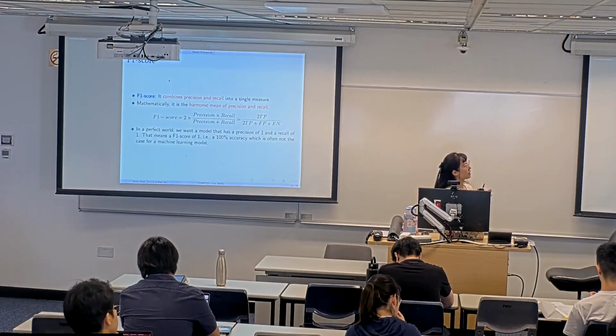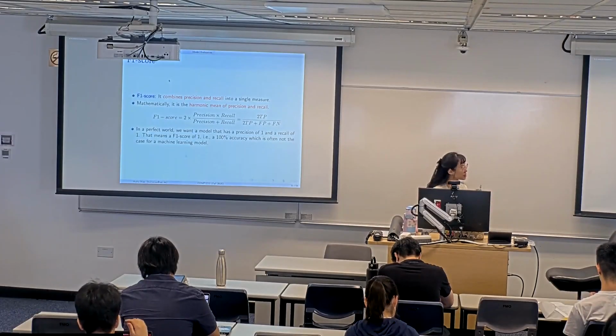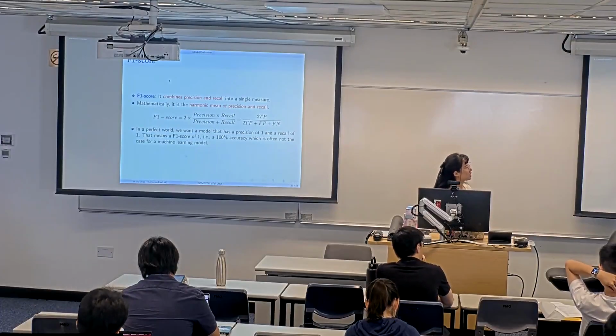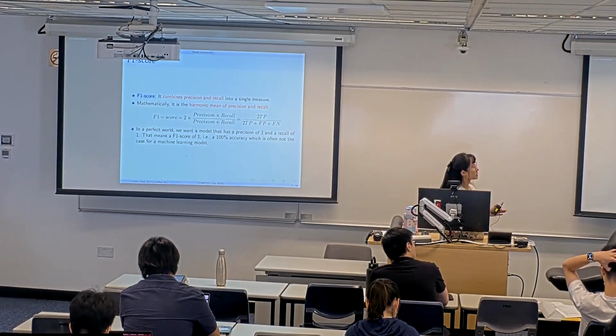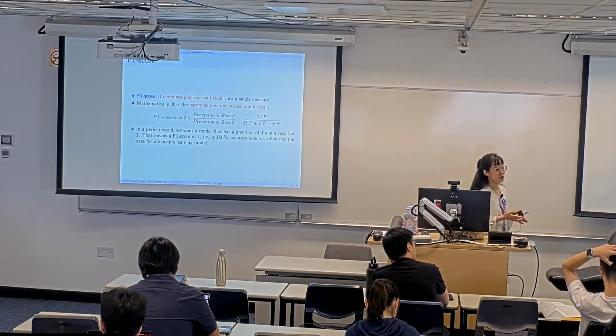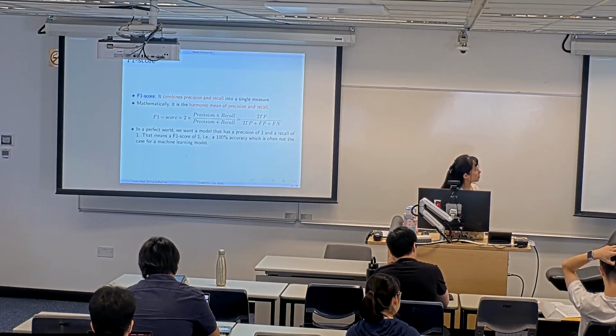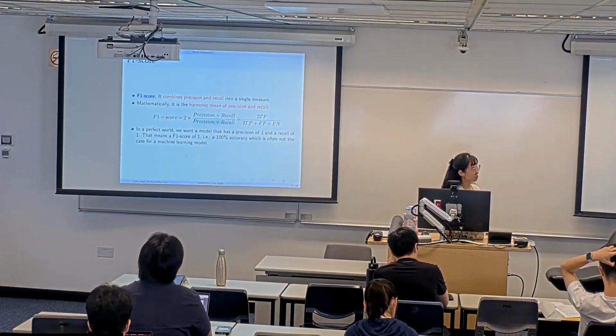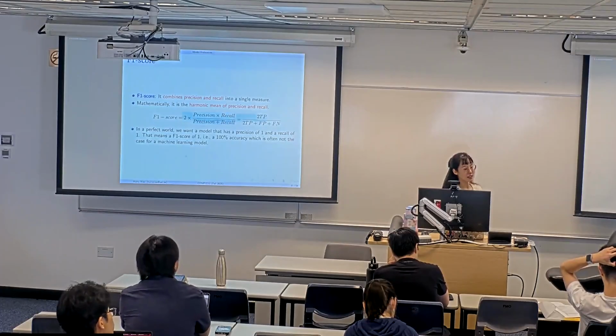That's called the F1 score. F1 score combines the two metrics into a single measure, and mathematically it is the harmonic mean of precision and recall. So F1 score is 2 times precision times recall divided by precision plus recall.